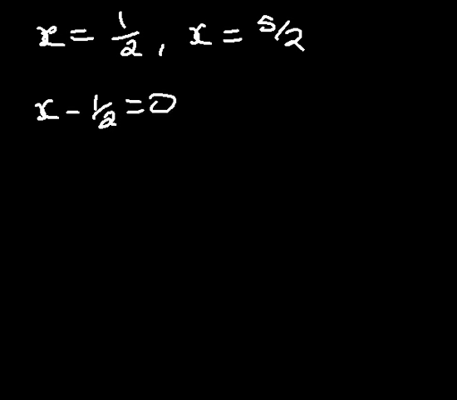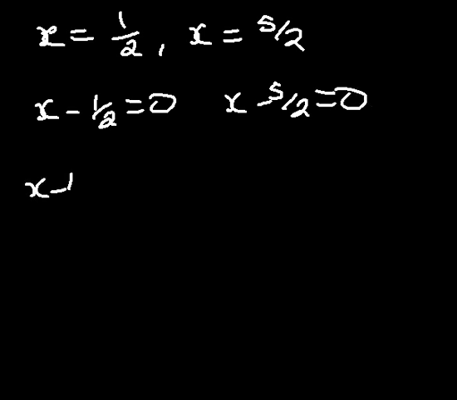What if we have, let's say, x is equal to 1 over 2 and x is equal to 5 over 2? Let's say that's the case. So what is the quadratic equation corresponding to these roots? Now the principle remains the same. We'll have x minus half is equal to 0 and x minus 5 over 2 is equal to 0.